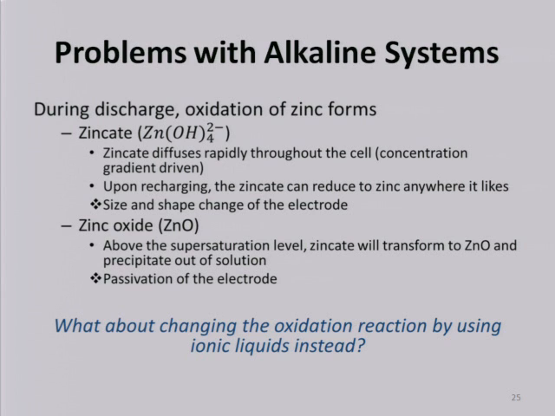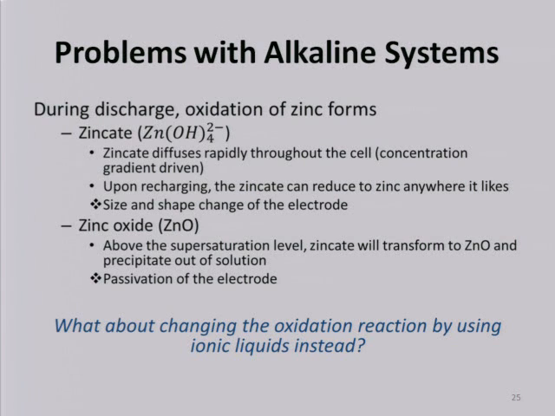So this causes this size and shape change that you saw in the previous slide. And another complication is that at high zincate concentrations, zinc oxide precipitates, and that's a non-conductor. If you get that over your electrodes, you will essentially passivate the electrode. So there isn't a good history of using zinc electrodes, at least with aqueous electrolytes.